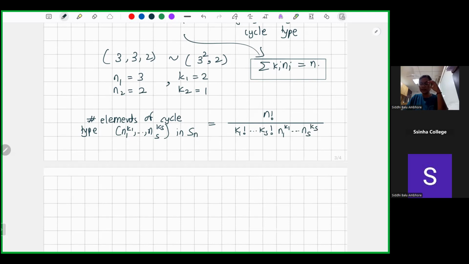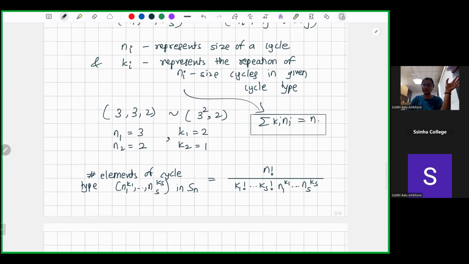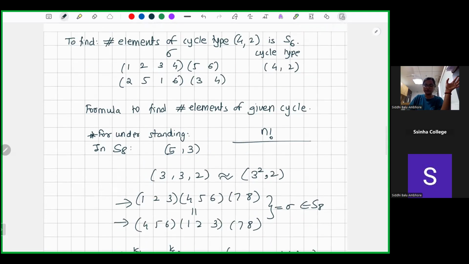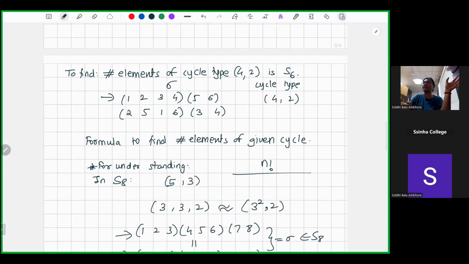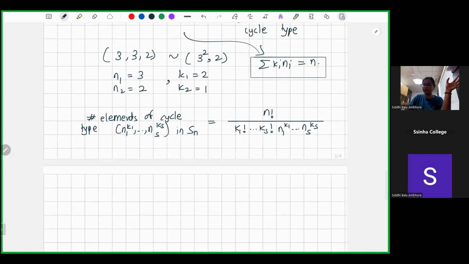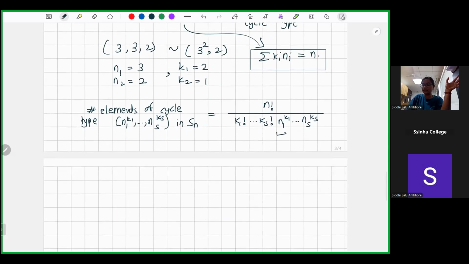And why is this? Because n factorial over k1 factorial up to ks factorial is how we are choosing the cycles. And then we have to divide by n1 power k1 up to ns power ks to avoid the repetitions of the cycles.